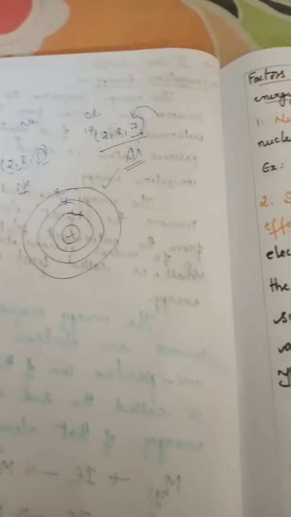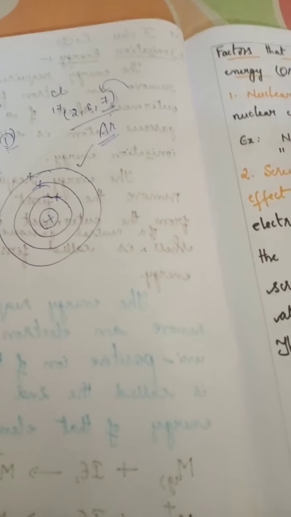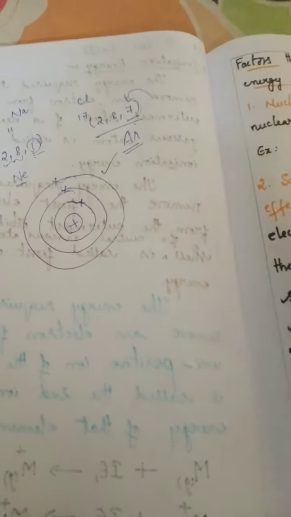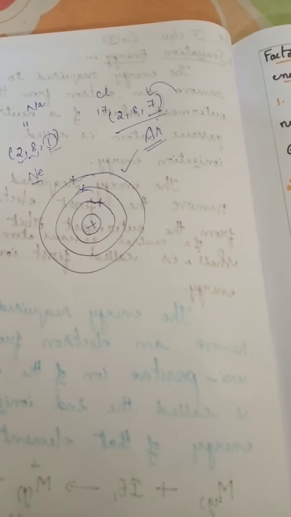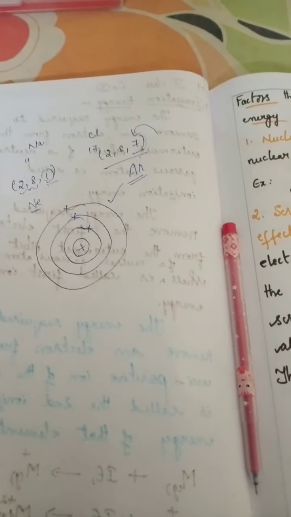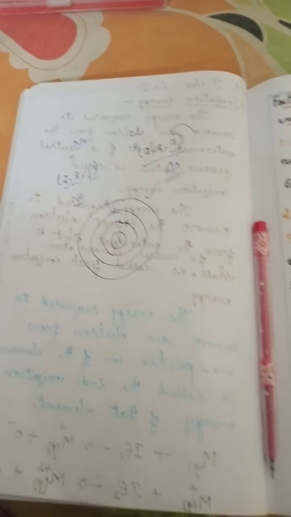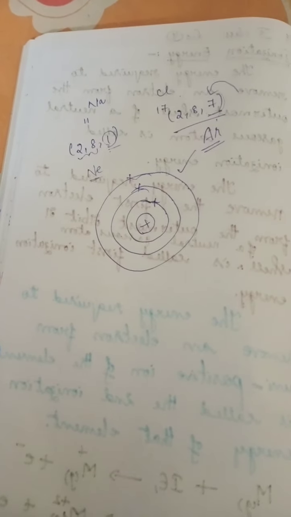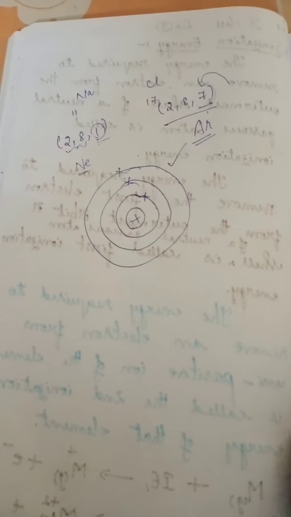For example, in our class we have a lot of benches with so many students, right? Then the teacher's attention may decrease towards the last bench student, right or not? Because the number of benches with students is increasing, these act as screens for the teacher's attention towards the last student. Like this only, if there are more shells with electrons between the nucleus and the valency shell, they act as screens and decrease nuclear attraction over the valency electron.